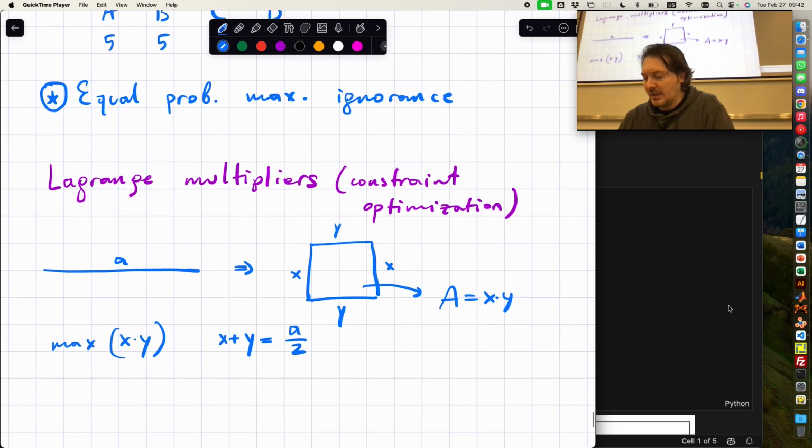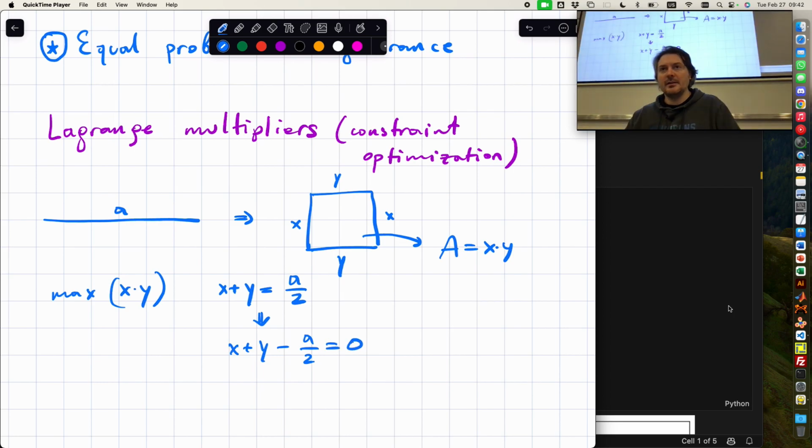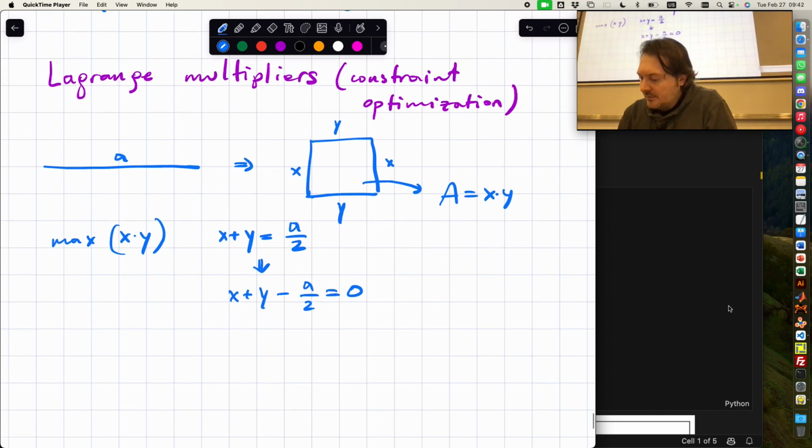Now, how do you do that? Well, you define a function. You first of all write this constraint as an equation equals to 0. Then you write something called, I don't know what it's called actually, Lagrange function. What is it called?